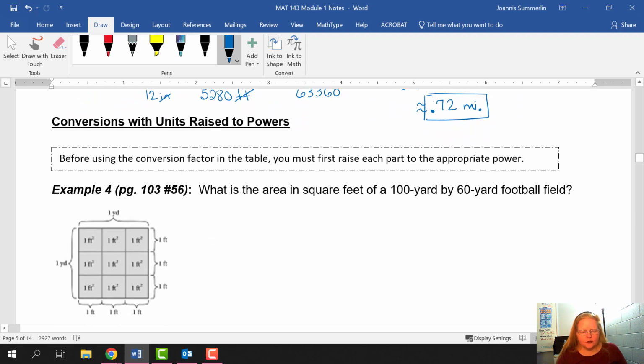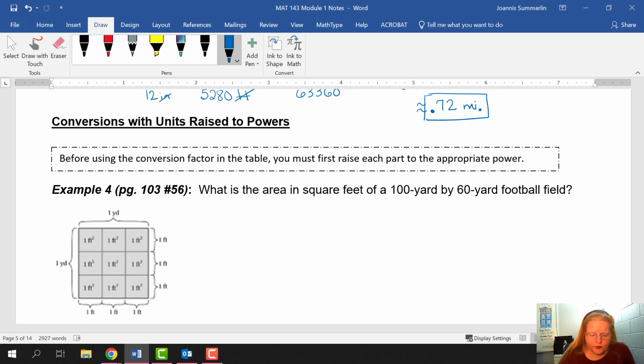When you're doing conversions, you want to deal with your yards squared and your feet squared very carefully. So there's a picture here where you have 1 yard by 1 yard, and you can see that it's different from 1 foot by 1 foot.